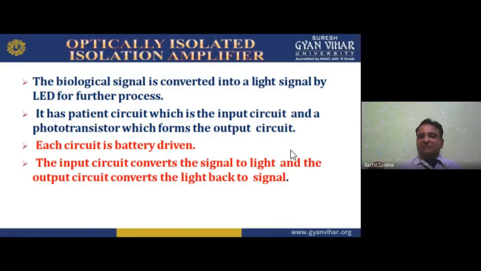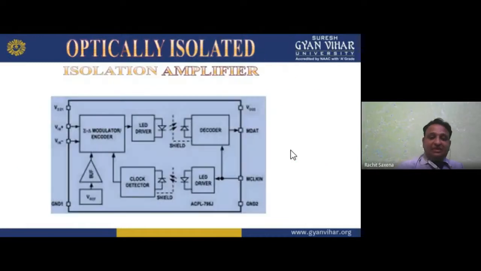Basically, the biological signal we are getting makes the LED blink, with a high pulse rate or low pulse rate, whether MRI, ECG, EEG, whatever. In the input circuit we have the modulator and encoder, and the encoder informs the LED driver. So the biological signal is converted to an LED signal, and then we decode it and convert it to the output you want.